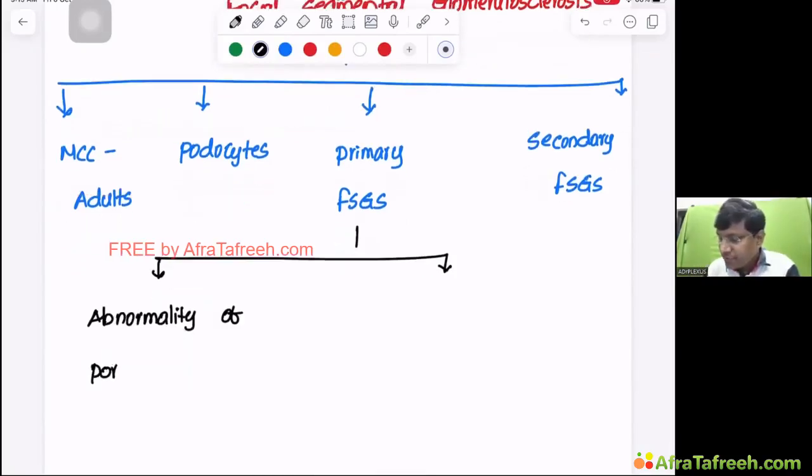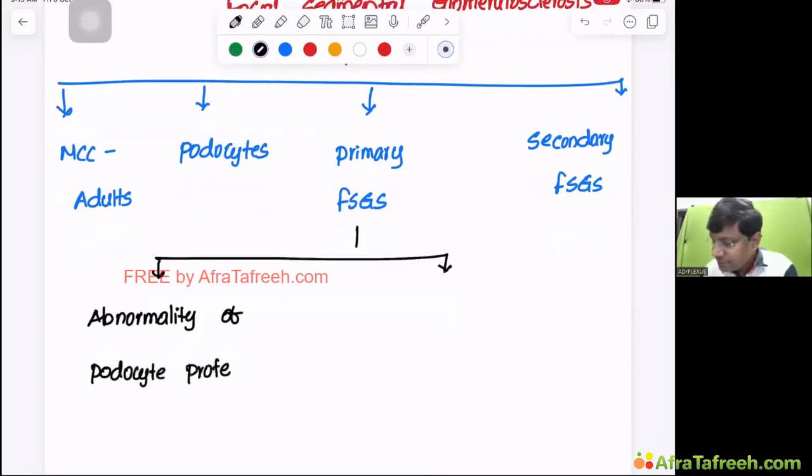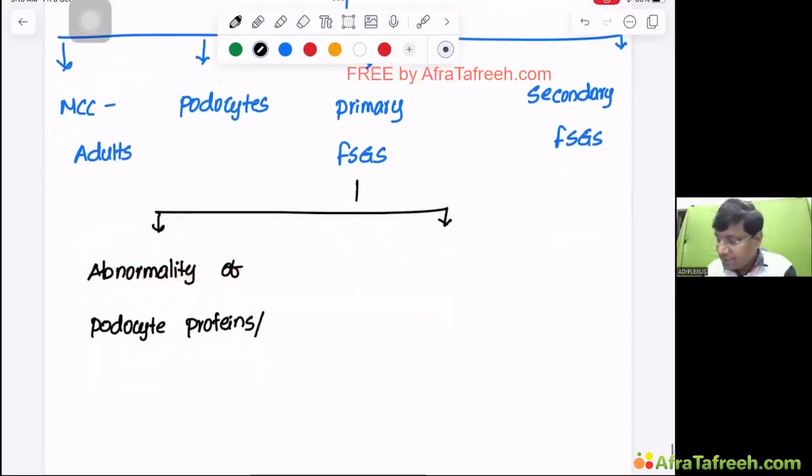Because of abnormality in the podocyte proteins, these patients develop focal segmental glomerulosclerosis, or there will be abnormality of the underlying type 4 collagen.